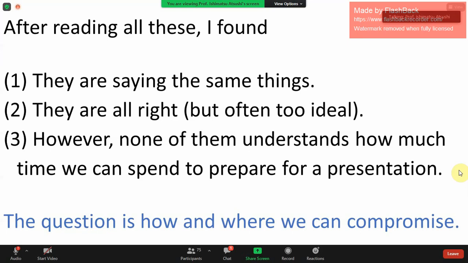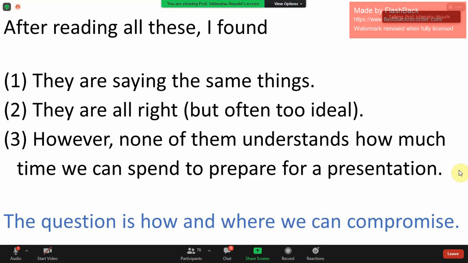We have to give lectures and meetings and experiments, of course. So the time is not indefinite. You know, we have limited time. So the question is, how much time or how and where we can compromise. We always have to compromise, right?